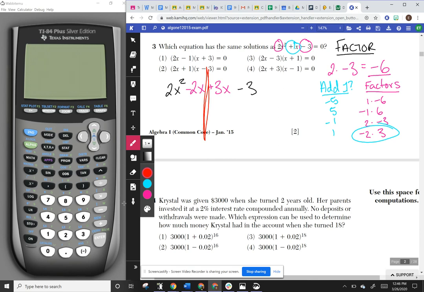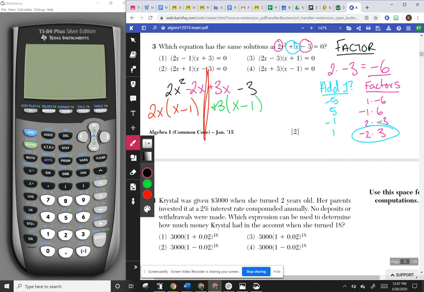I notice my common factor here is 2x, which leaves behind x minus 1. Let's repeat that. Our common factor here is a positive 3. You should keep the positive, right? And we get x minus 1.